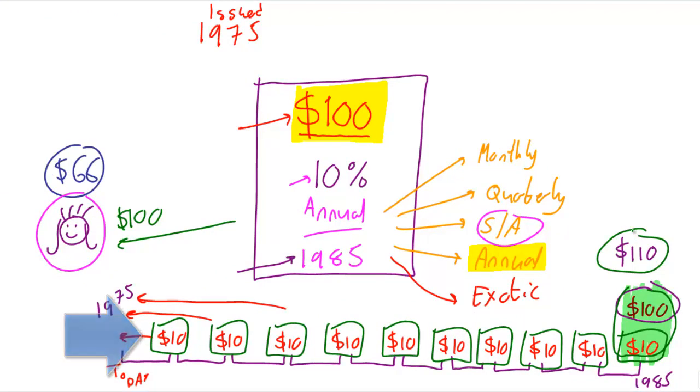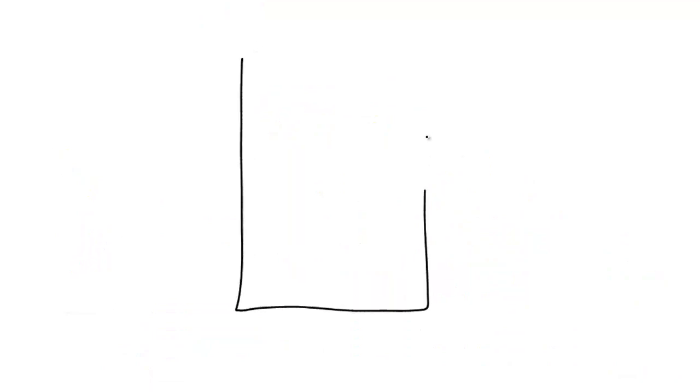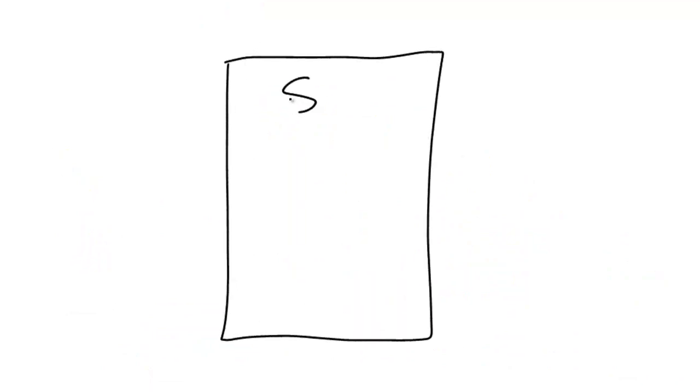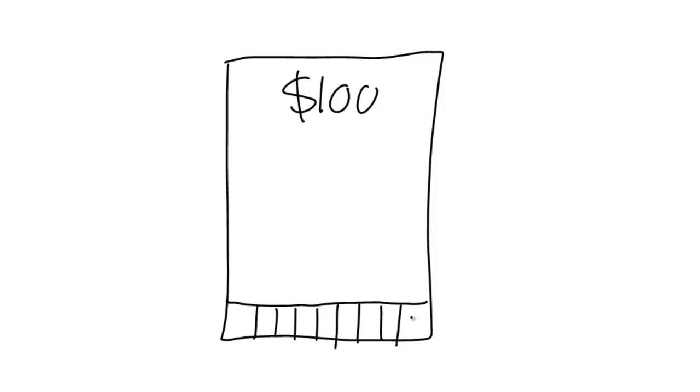Now in the good old days, back in say Victorian times, the reason it's called coupons is they were literally coupons. So that's 5, 6, 7, 8, 9 and 10. There would have literally been some coupons, like postage stamp coupons, and every year you would have ripped one of those off.